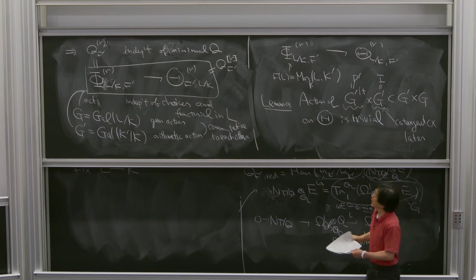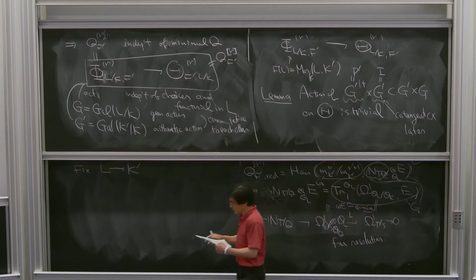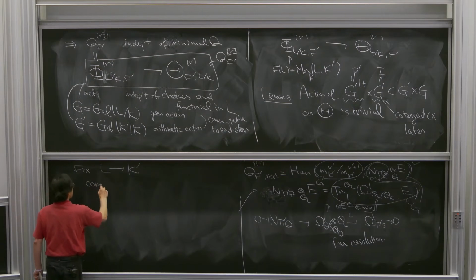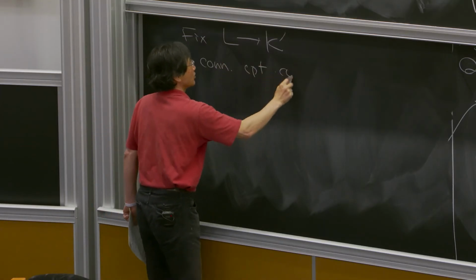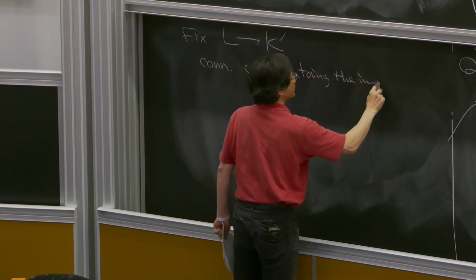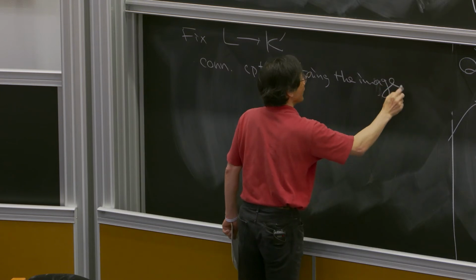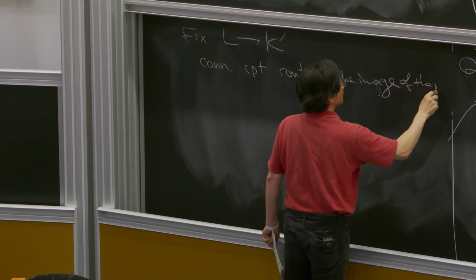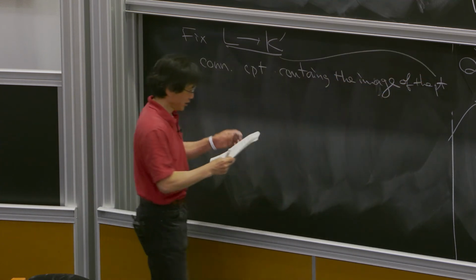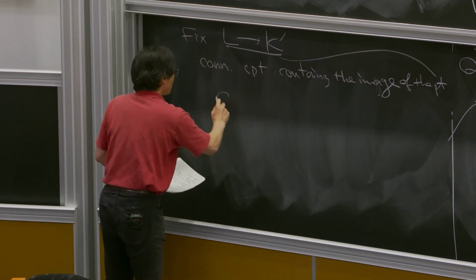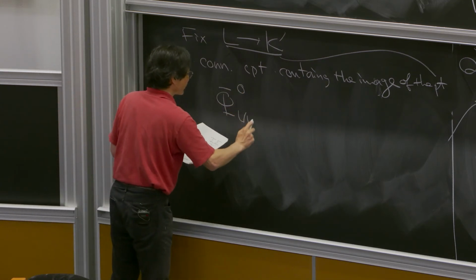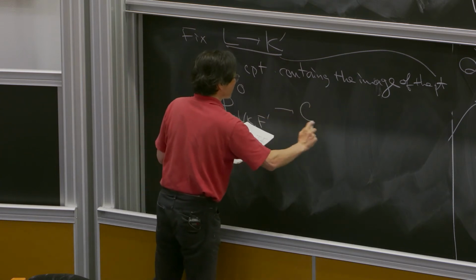And so now we focus on the connected component containing the image of the point. The point means this fixed embedding. And for the connected component, I put a small circle here to indicate connected component.